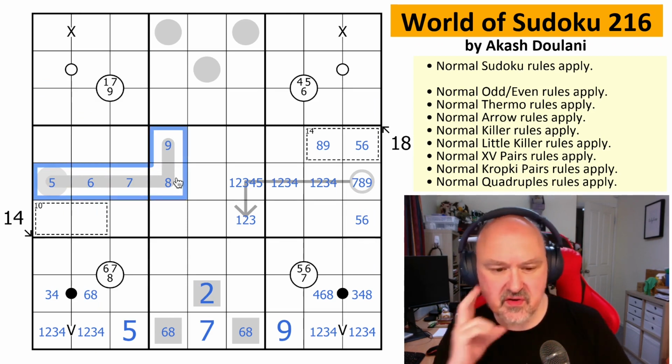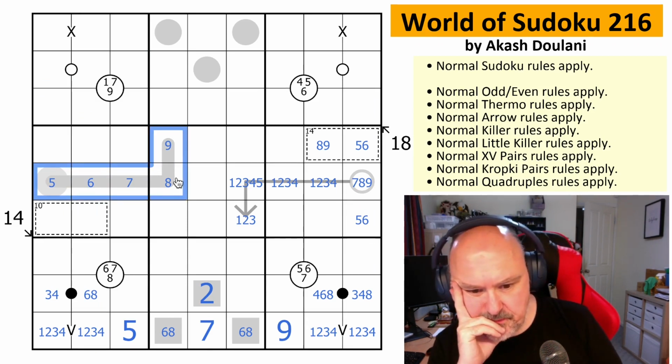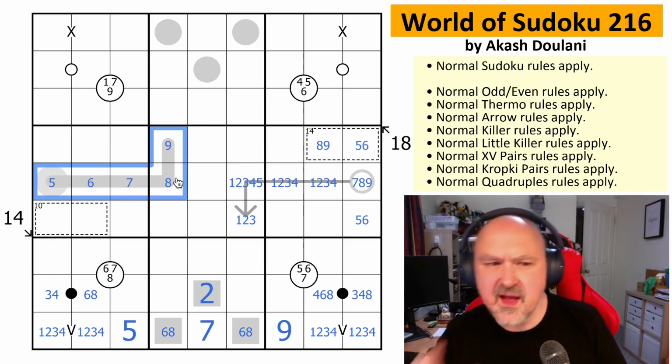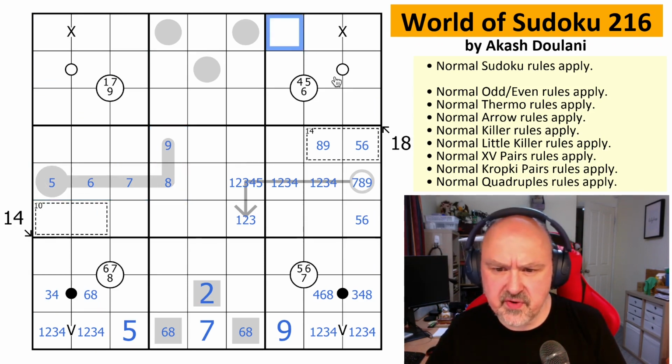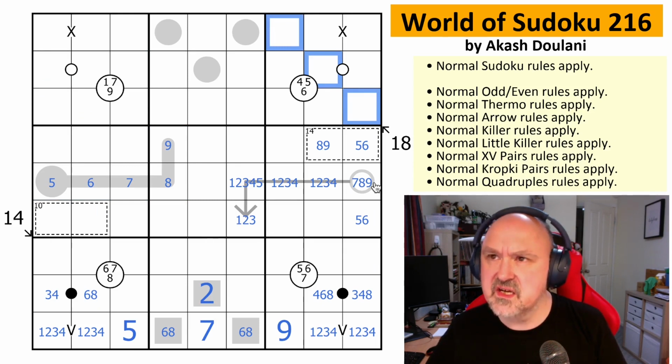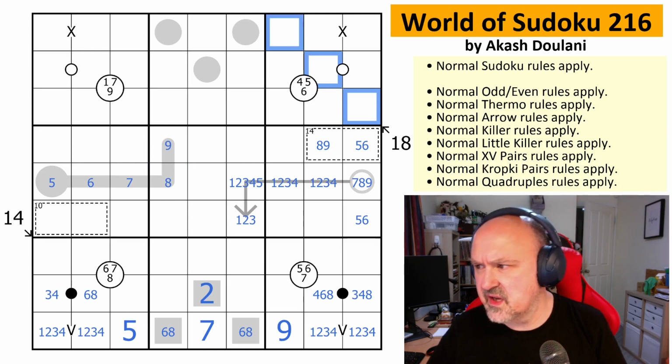That looks phenomenally unrestricted. 18 in 3 maybe. 18 in 3. Do I want my calculator for this? I think the answer is yes. Has lots of options. It can basically use anything.